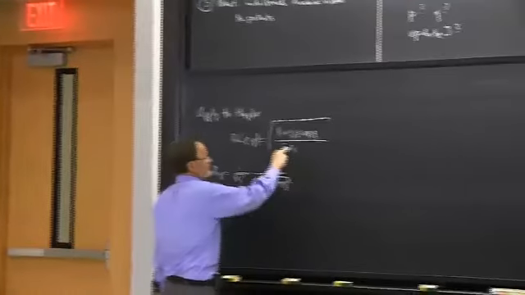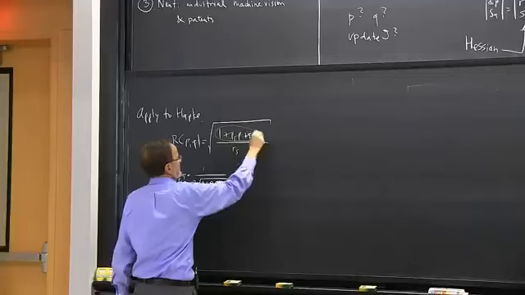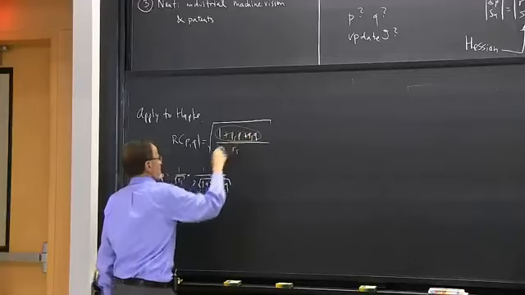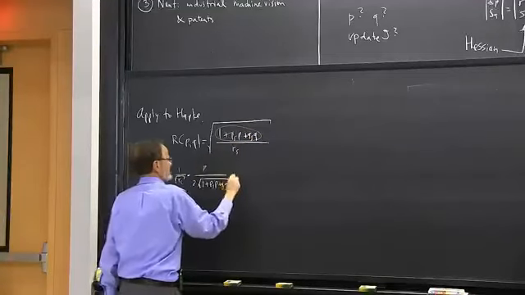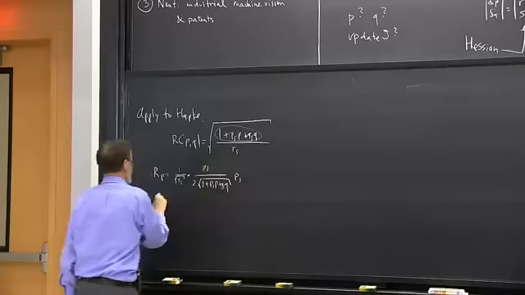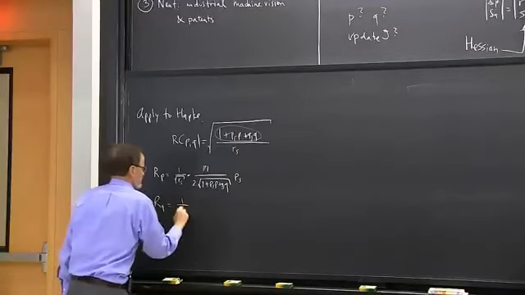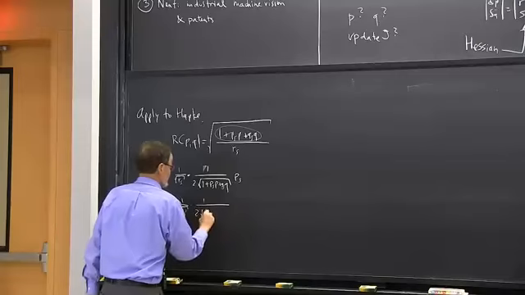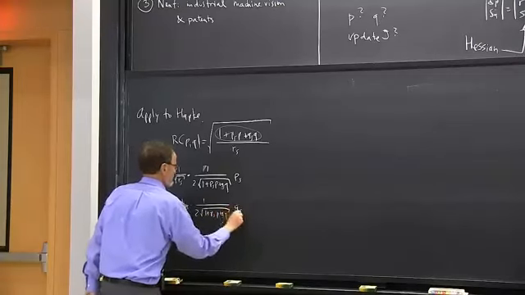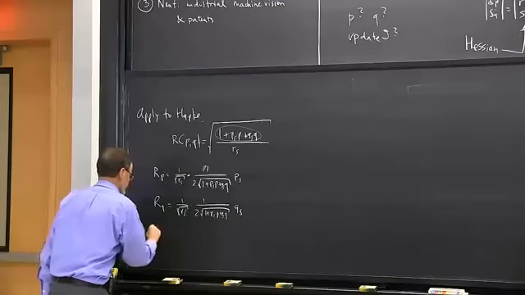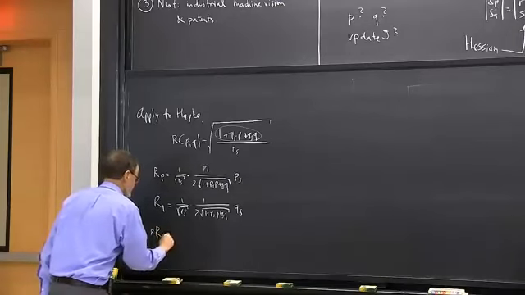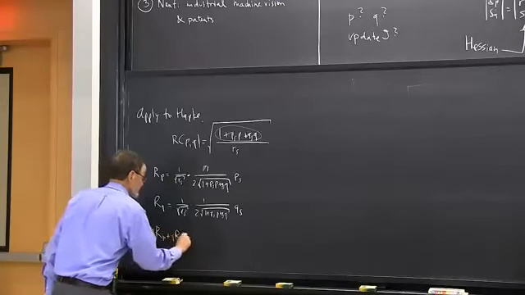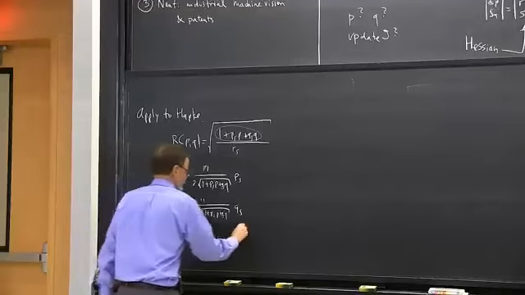And then we have to differentiate what's inside with respect to P, and we get p_s. And of course, R sub Q is very similar. And then the other one we need is P R sub P plus Q R sub Q, and that's just going to be the same thing.